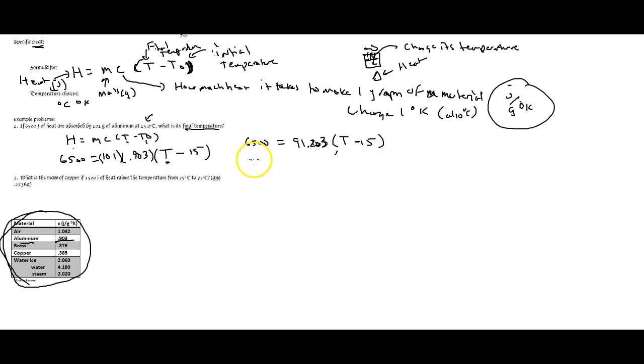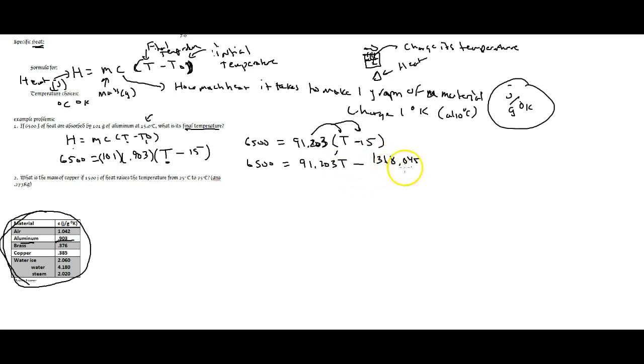All right, so most people in class want to use the distributive property to simplify this, so we'll go ahead and do that. 6,500 equals 91.203 times T minus 91.203 times 15. And that gives me 1,368.045. All right. How do I solve from here?